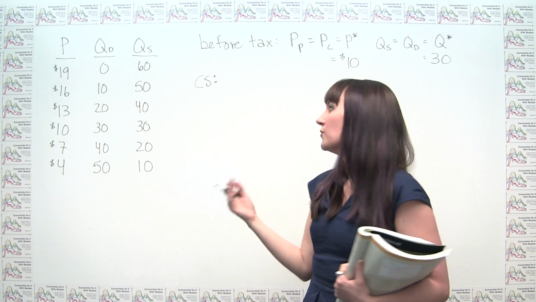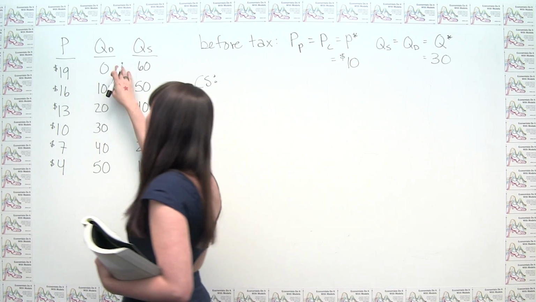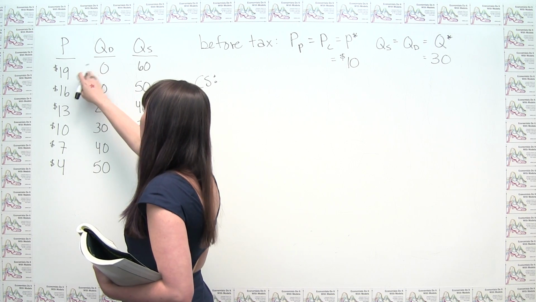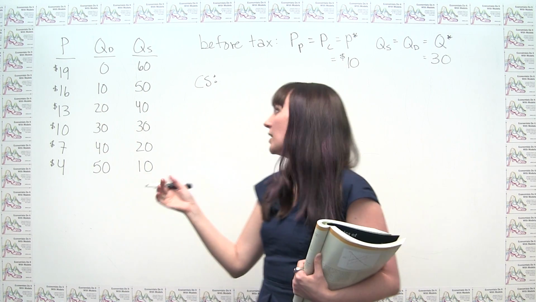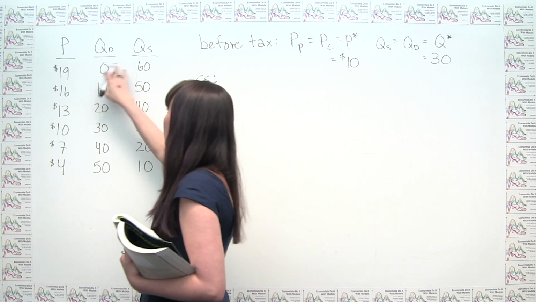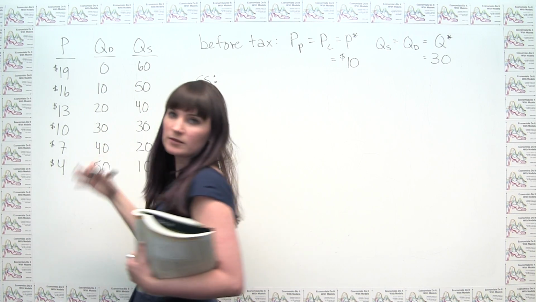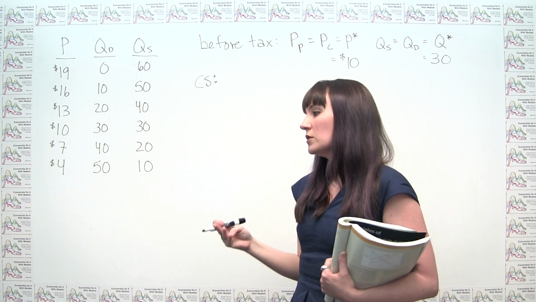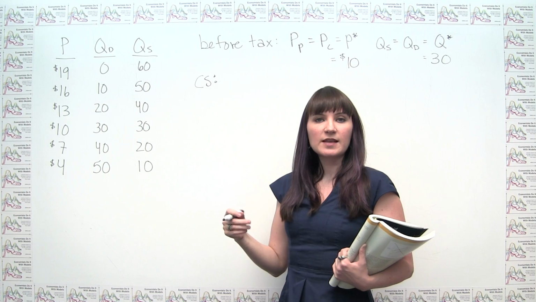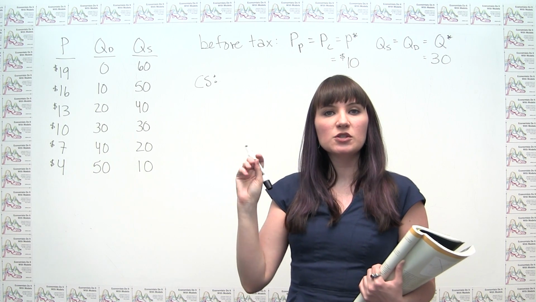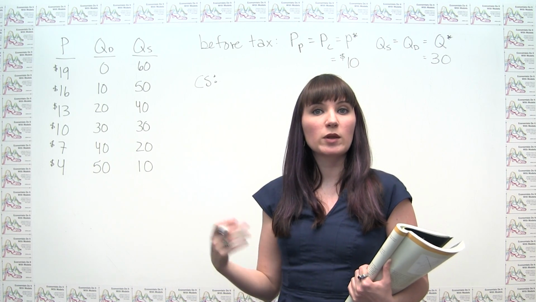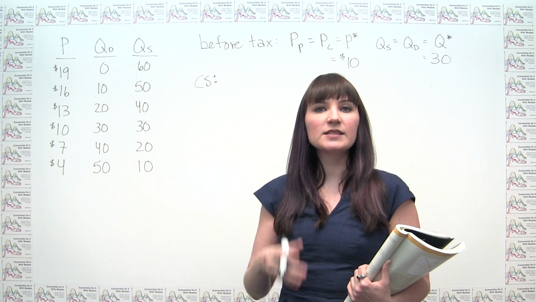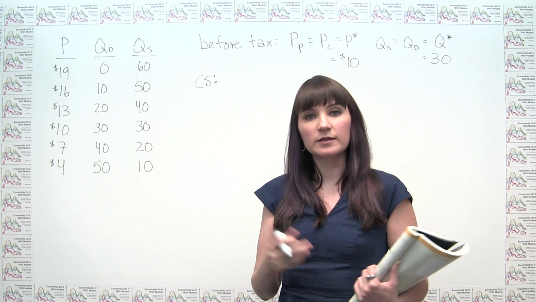But if you wanted to be totally accurate, you could start at the very top, that we have 0 consumers getting a surplus of 19 minus 10, and so on and so forth, right? So again, consumer surplus is just the amount by which the consumer's valuation, or willingness to pay, exceeds the price that's actually charged in the market, in this case $10.